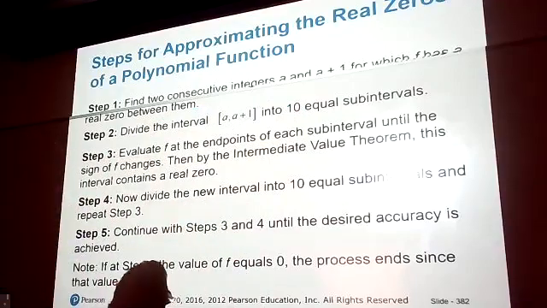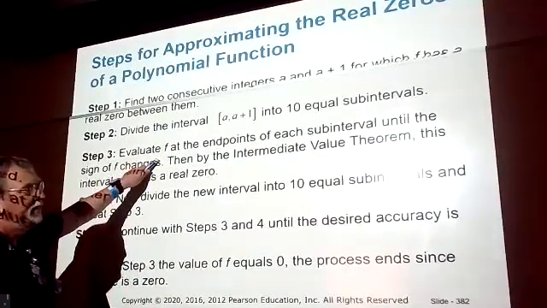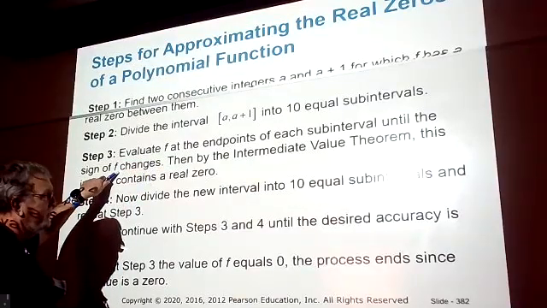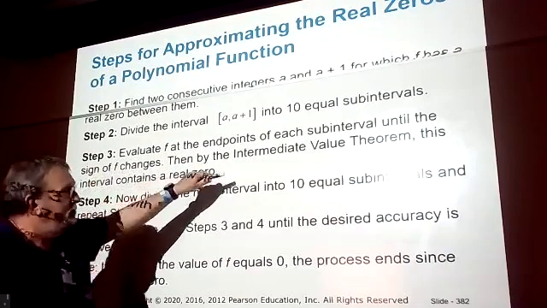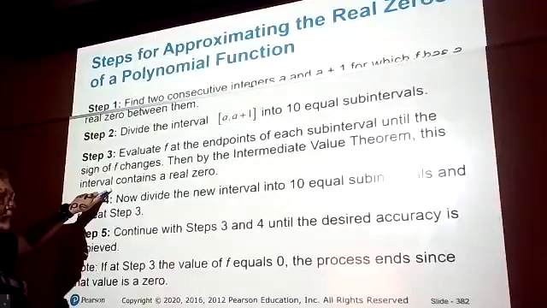And then between those two, you divide it into 10 subintervals and evaluate f at each endpoint of the subinterval until the sign of f changes. And then by the intermediate value theorem, there is a real 0 in there.